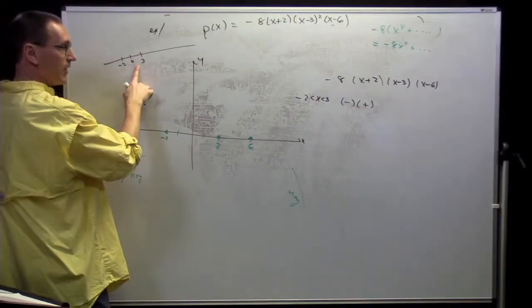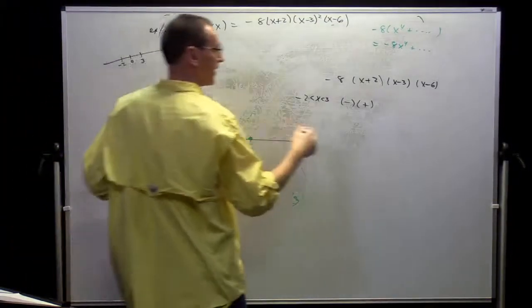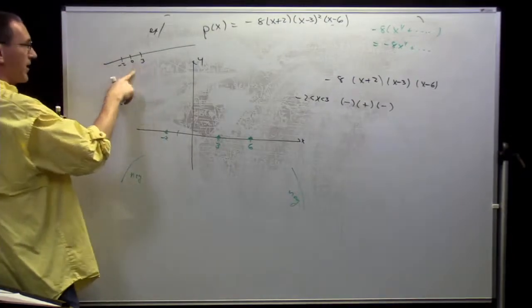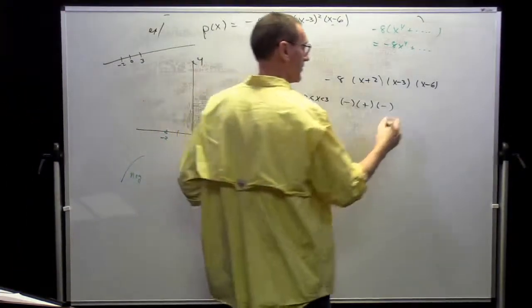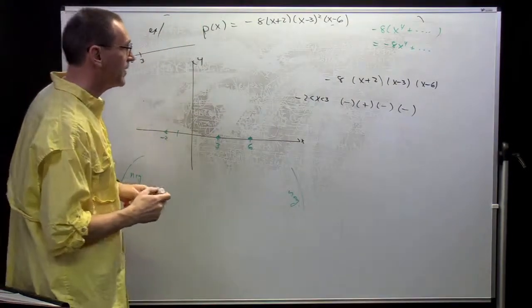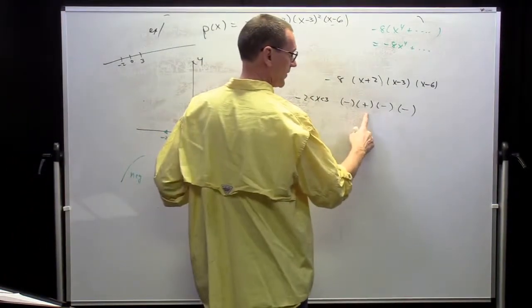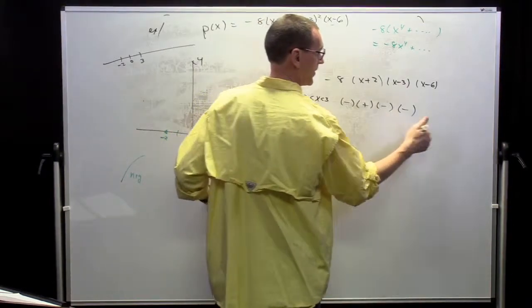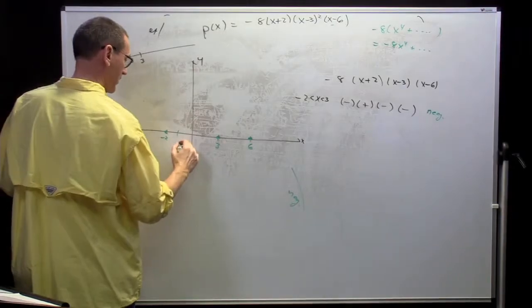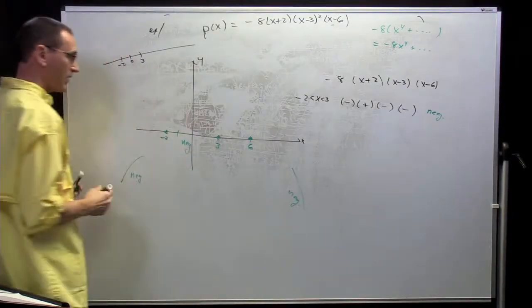If I take any number in here and subtract 3, it's got to go negative. If I take any number in here and subtract 6, it's got to go negative. So what does that mean? Negative times positive is negative, times negative is positive, times negative is negative. So through here, it's going to be negative.